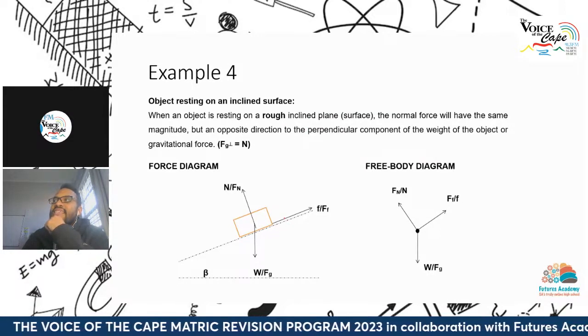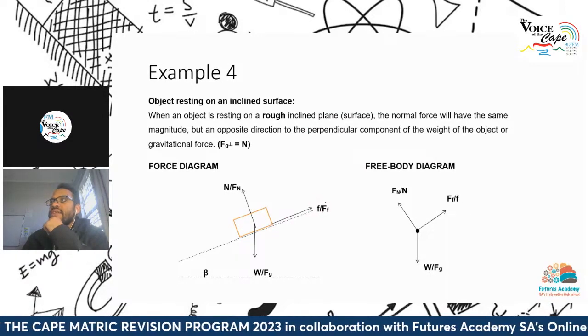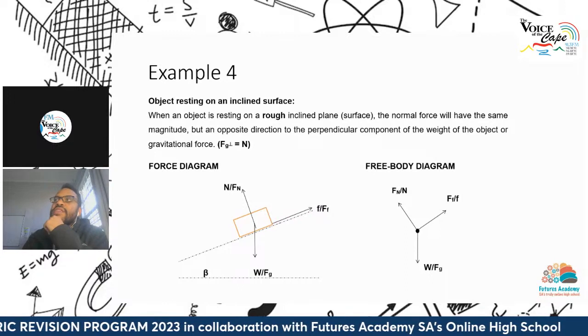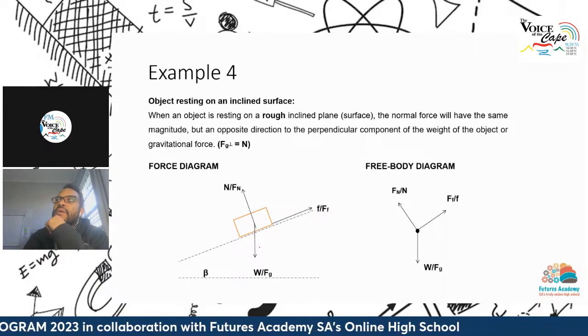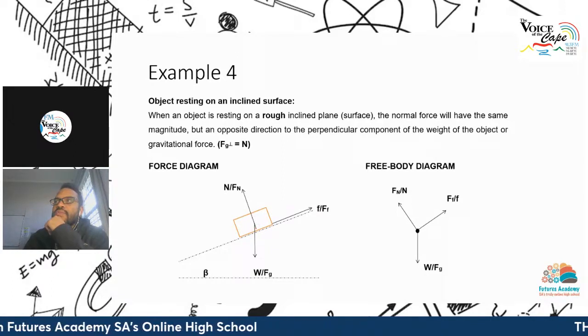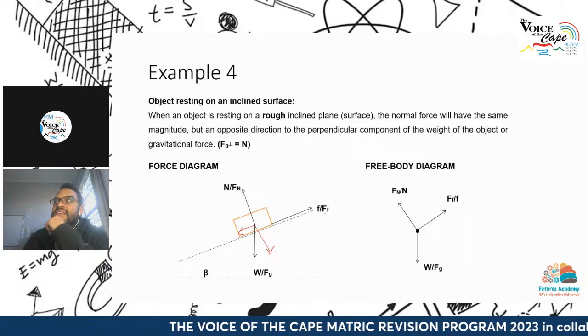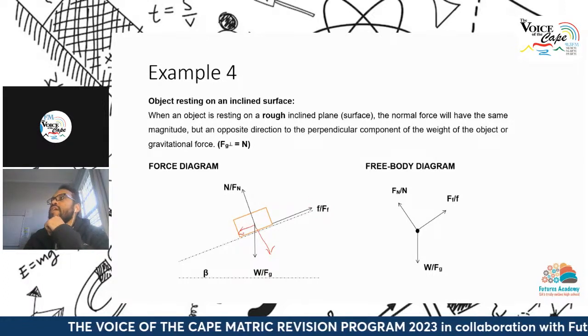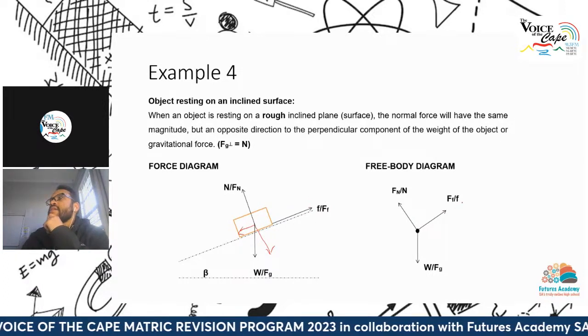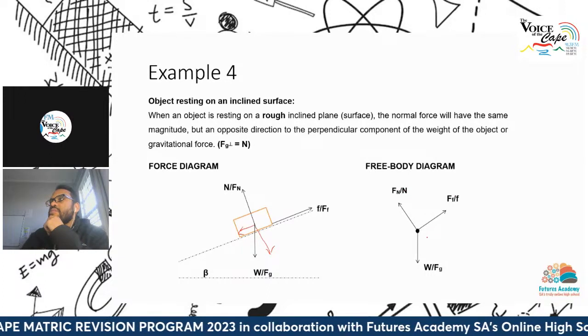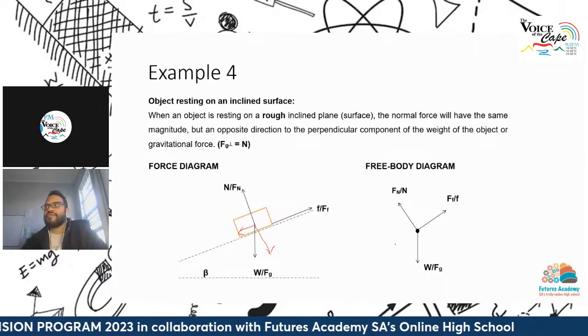That means that there is a frictional force, but it's acting opposite to the direction because the perpendicular component of gravity will be this one going down, right? But there will be a component like this that's acting in this direction. At this point, the static frictional force is equal to that over there, okay? So there's our frictional force, there's our normal force, there's our gravitational force.